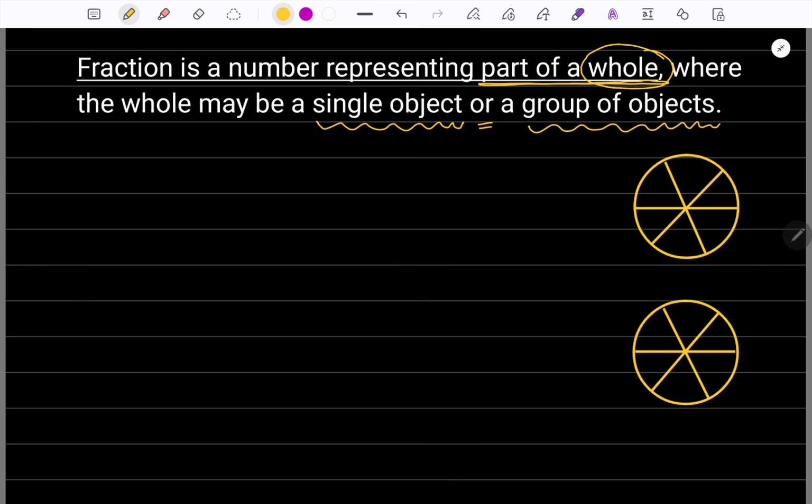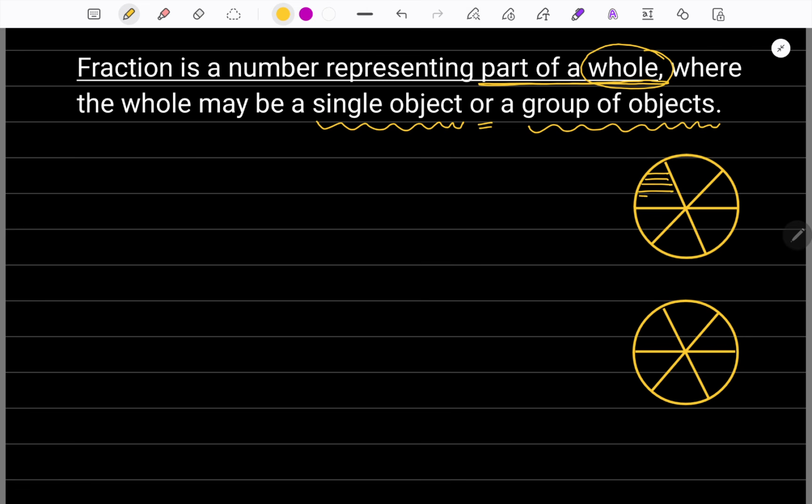To understand the situations where whole can be used to represent a single object or a group of objects, we have to take examples. First we are taking the example of a pizza to represent whole being used for a single object. So let's begin. We have a pizza and we slice it up into 6 equal parts.